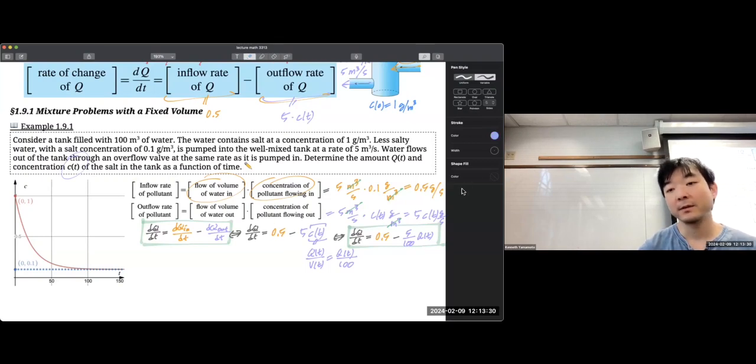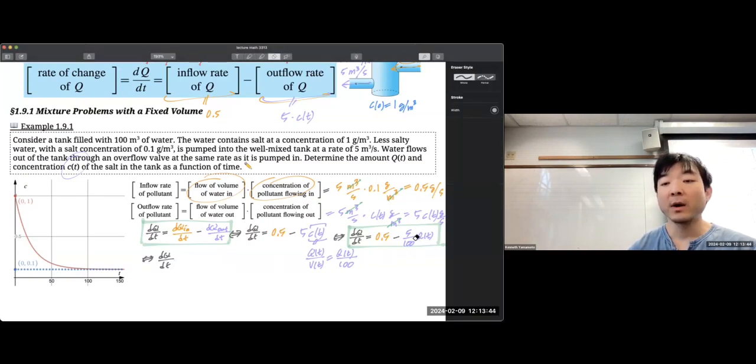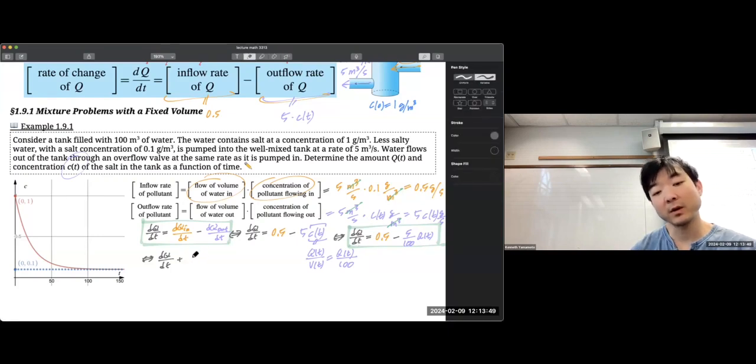So now we just have the differential equation we want. It's dQ over dt is equal to 0.5 minus 1 over 20 Q. I'll write it in standard form as well, so let me shove this to the left-hand side. It becomes plus 1 over 20 Q is equal to 0.5.